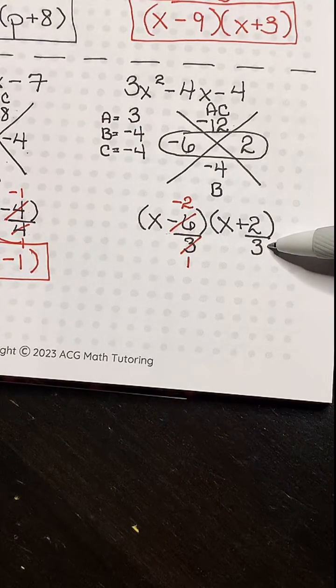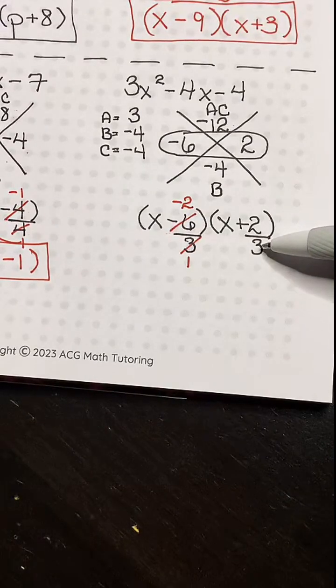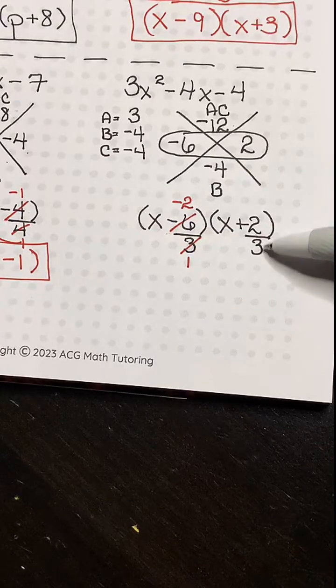There you go, Neek, Karen, Austin, MBA. The only thing that 2 and 3 have in common is a 1. So that means this 2 over 3 is already at its lowest terms, and we can't simplify this anymore.